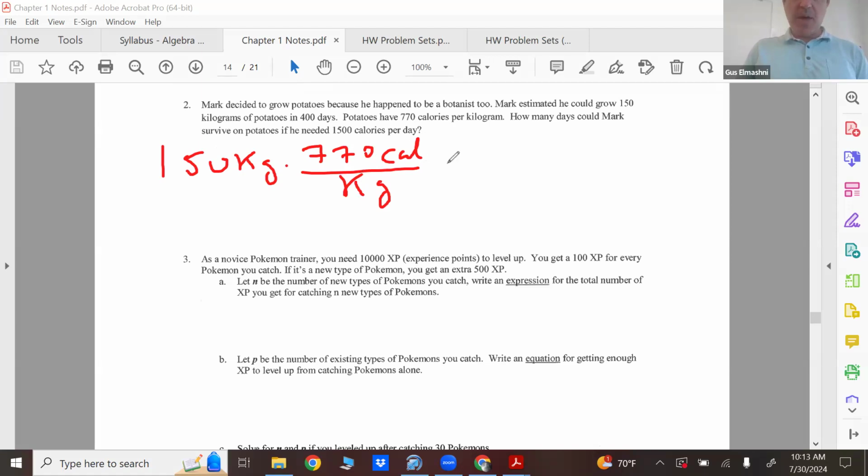So let's do that first. So how many calories does he get? And I'll need a calculator for this one. I'm not sure if I really make an equation of this one here. I could force the issue of making an equation, but I think just working out the math is fine.